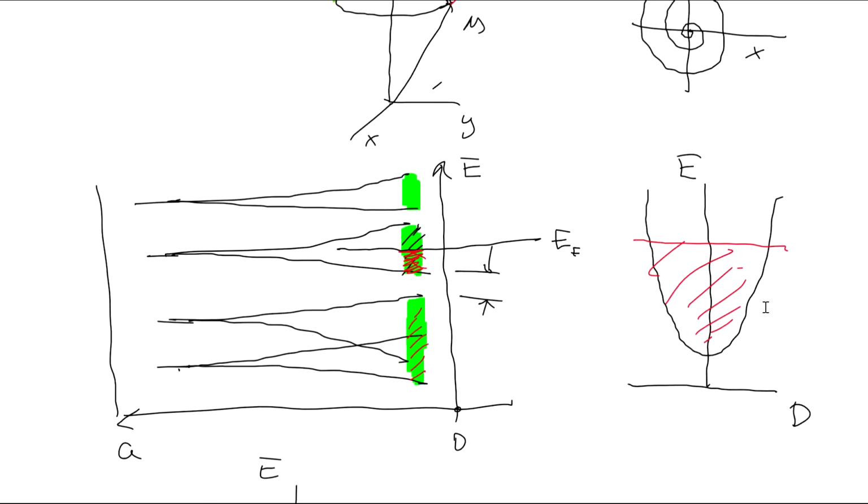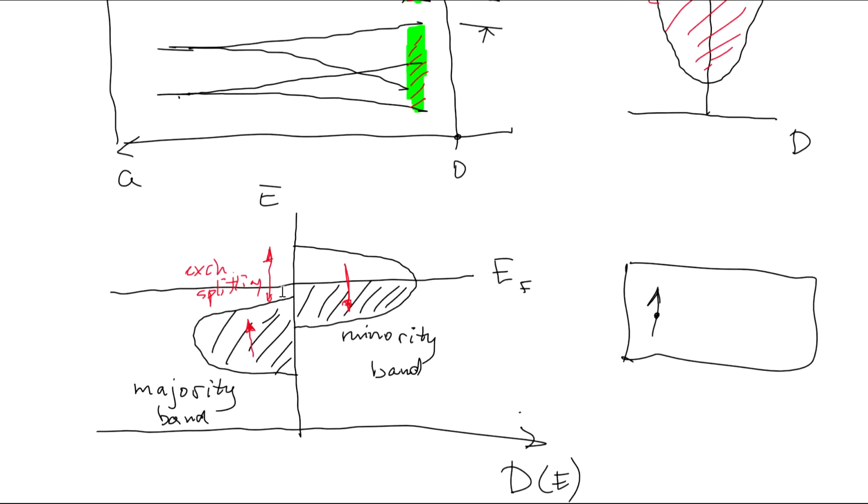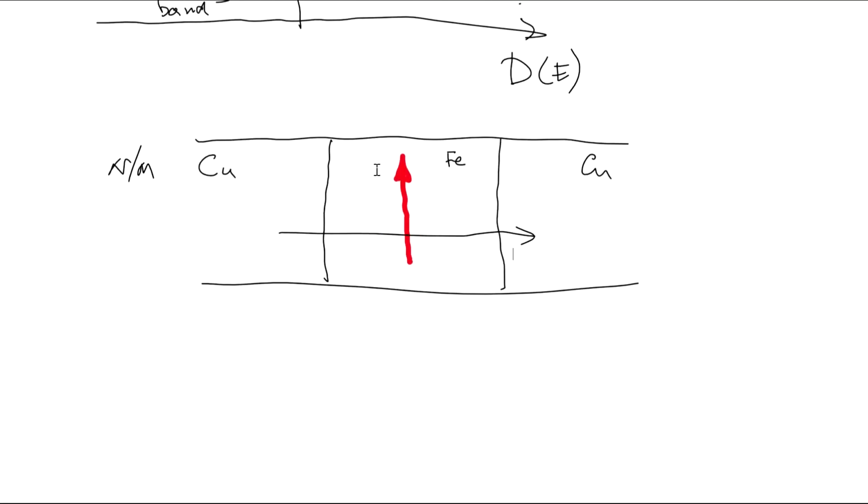So there is no difference between spin up and spin down. There is an equal number of spin up and spin down electrons. In iron, there is a difference. So what it means is that if you drive current through this iron, and this is electron flow, so the current I should be flowing in the opposite direction.